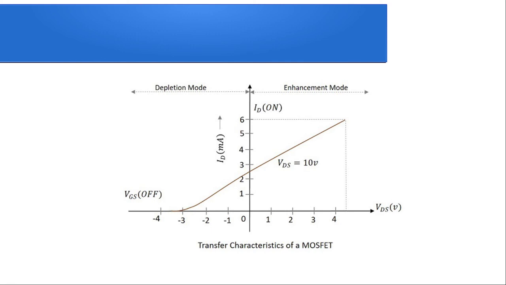In the x-axis, it is not VDS, it is VGS. So this is the relationship between the drain current and the VGS. These two graphs will help us to understand more about MOSFET.